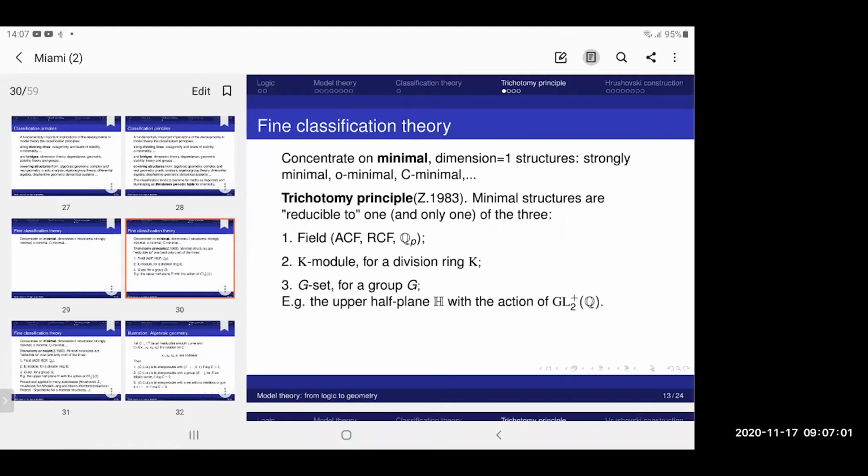To really understand it, in terms of definability, or rather interpretability, you can use first order formulas to say things about the structures as if you are using the language of fields, and the second class is the language of modules, which means, of course, that you have some addition and multiplication by elements from a division ring K. And the third class is a G-set.